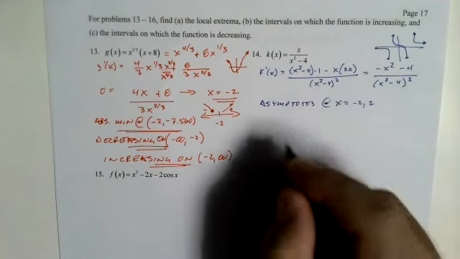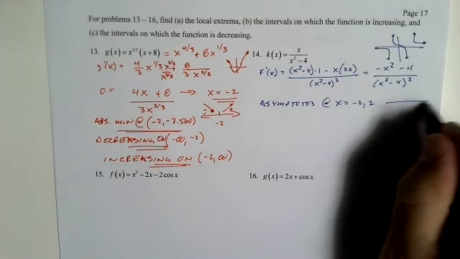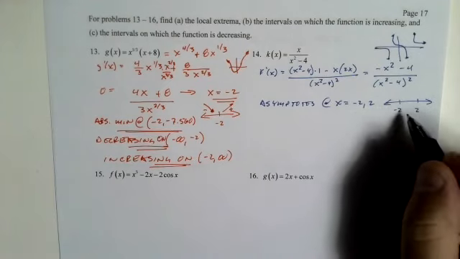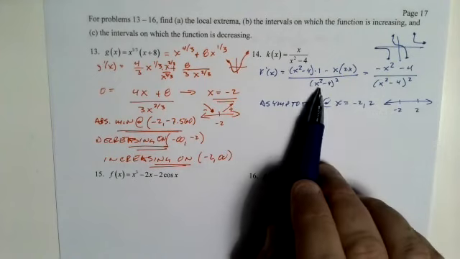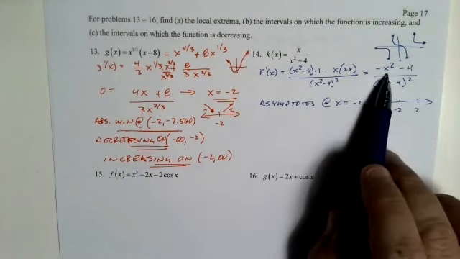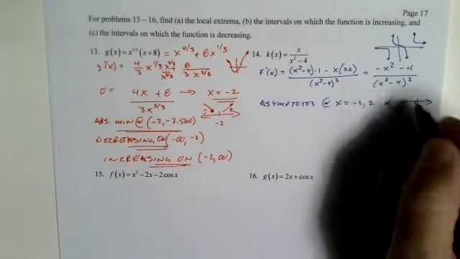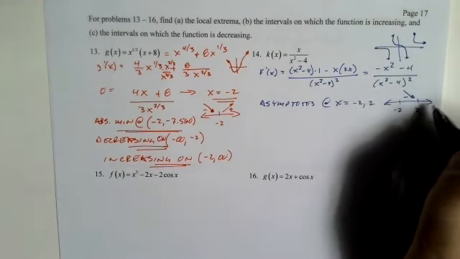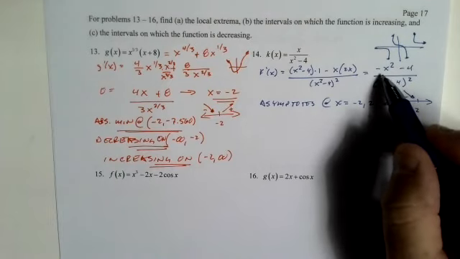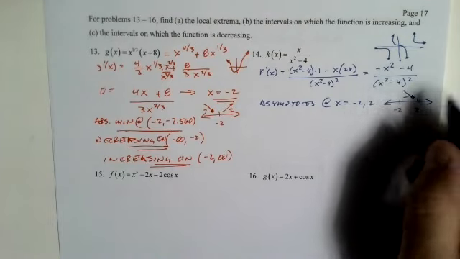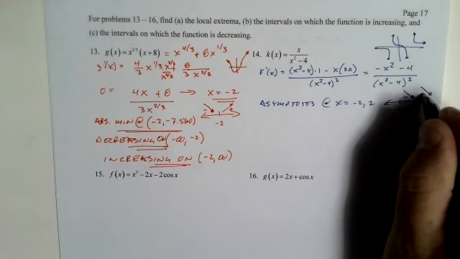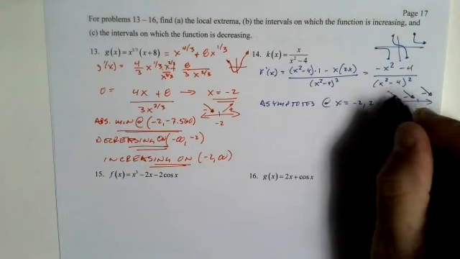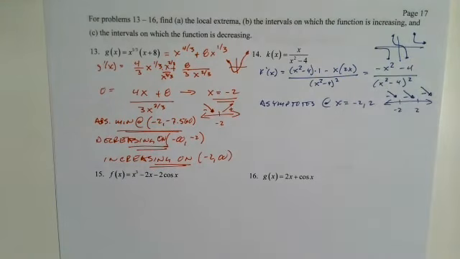Negative 2, comma, 2. We do this fun thing. At 0, bottom's always positive. Top is negative. At 3, bottom's always positive. Top is negative. At negative 3, so a lot of negative slopes there.